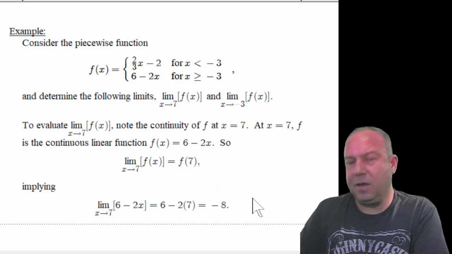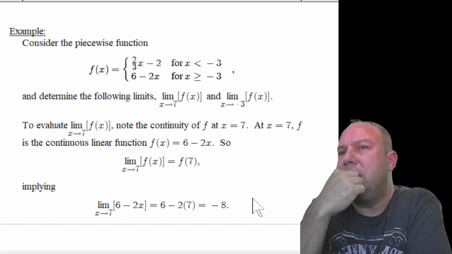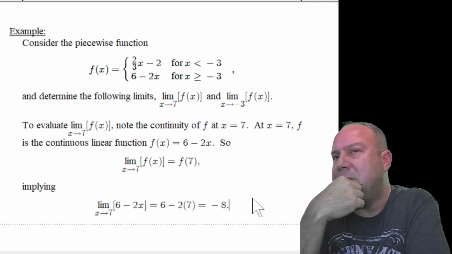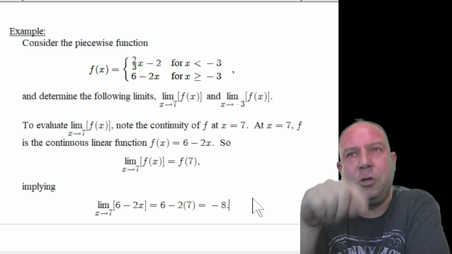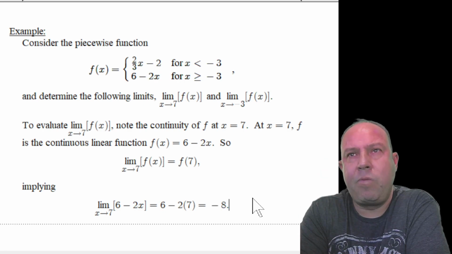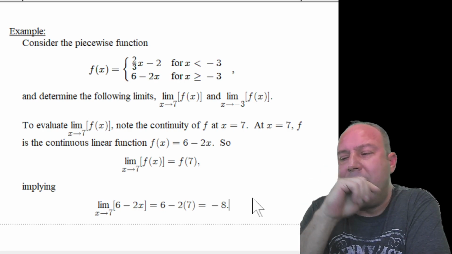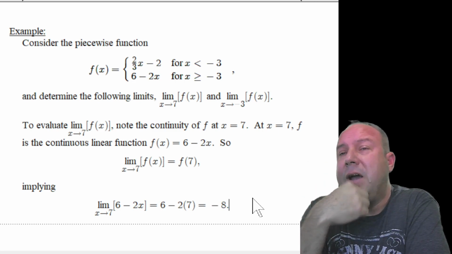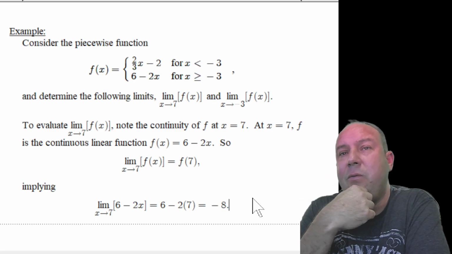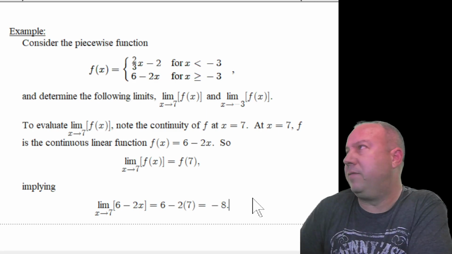When we think about evaluating the limit as x approaches -3, we need to test our continuity at -3. First, take note that f is defined at -3. If we substitute in -3, it yields positive 12.